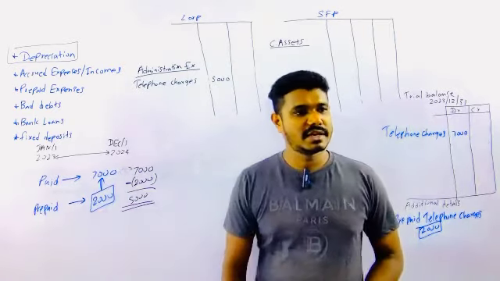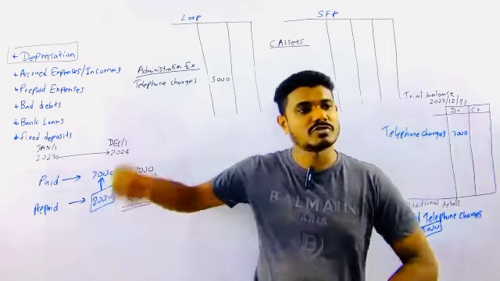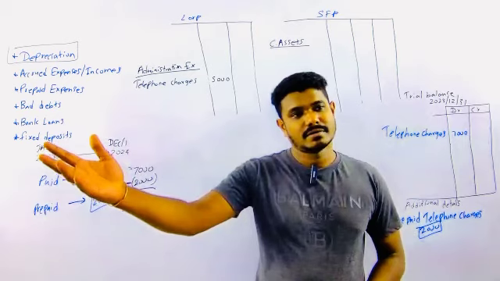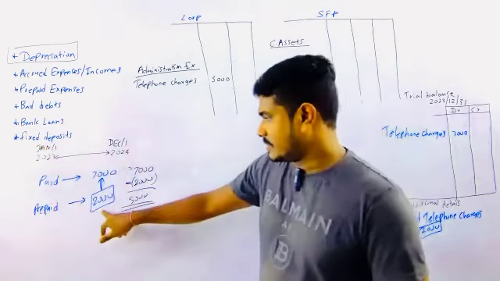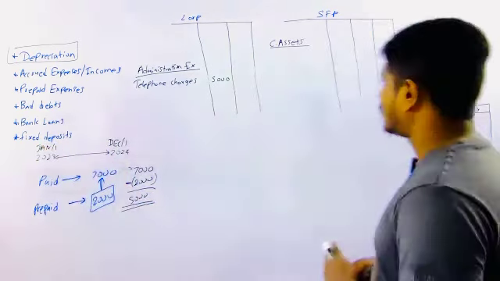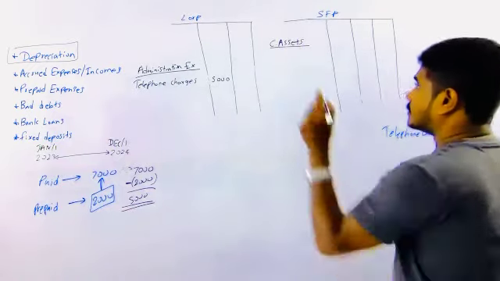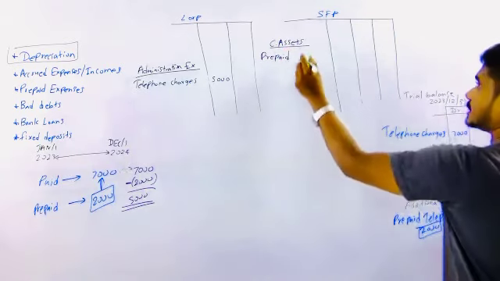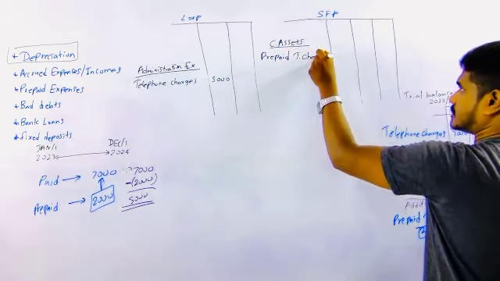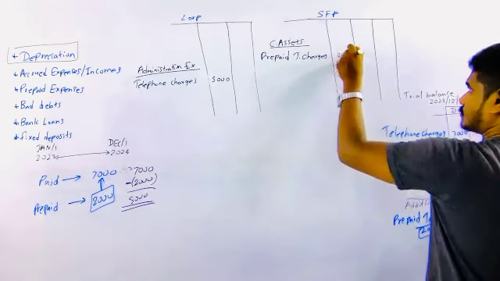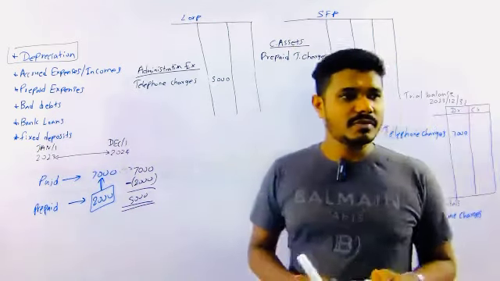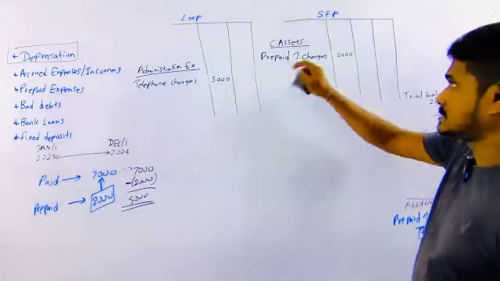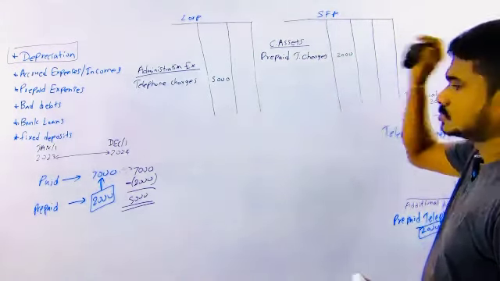Just think, we have paid additional 2,000 for the future. It means it is an investment, no? So investments are assets, no? So we have to input this 2,000 under the current assets as prepaid telephone charges as 2,000, right?